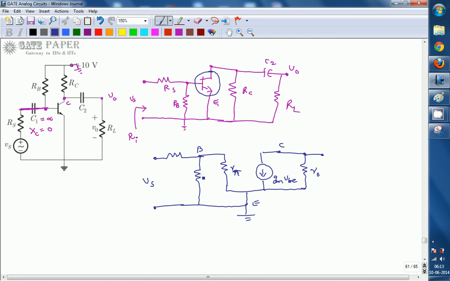So this is the equivalent circuit, with RB, RS and r pi.